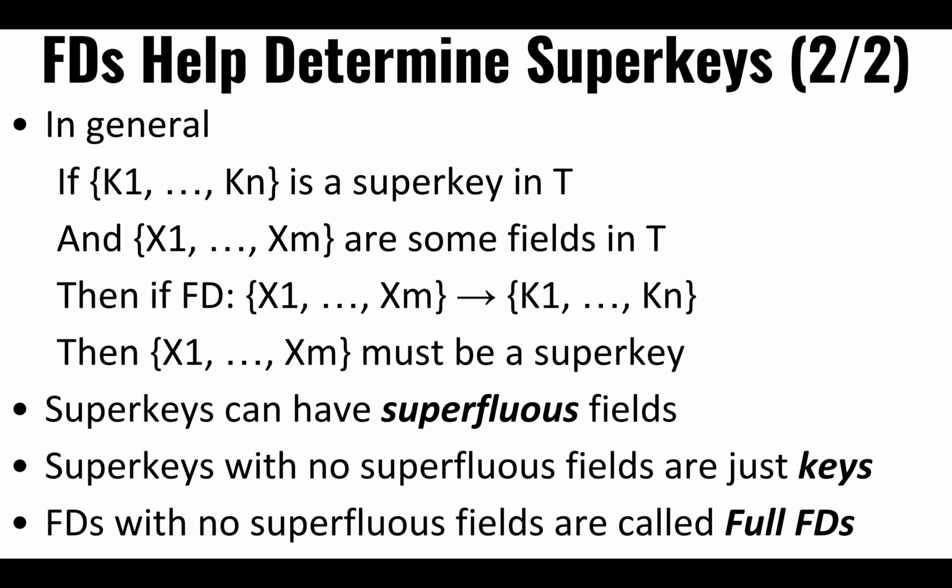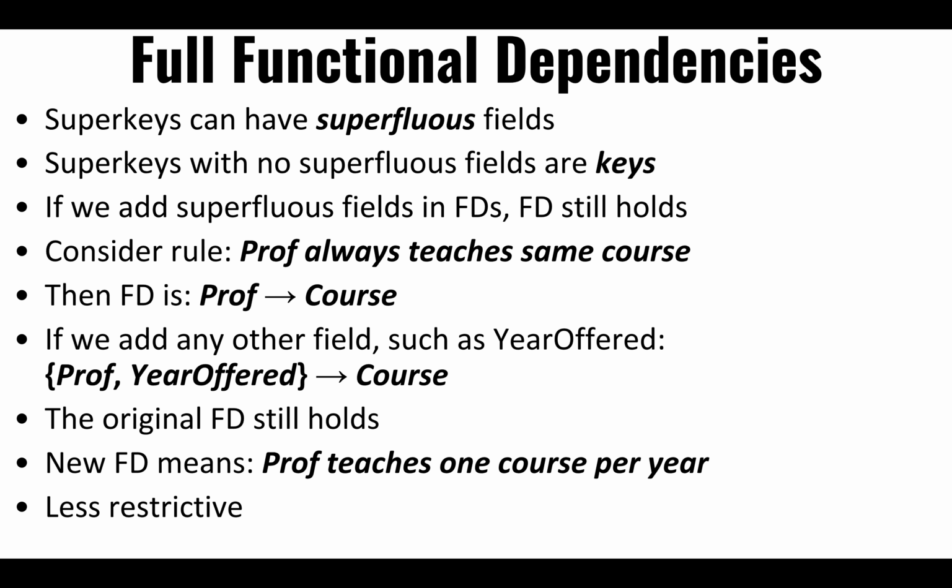So some of the fields in a dependency might be good candidates for using as keys, right? When you identify these functional dependencies, the ones on the left-hand side would perhaps be good candidates to be keys.